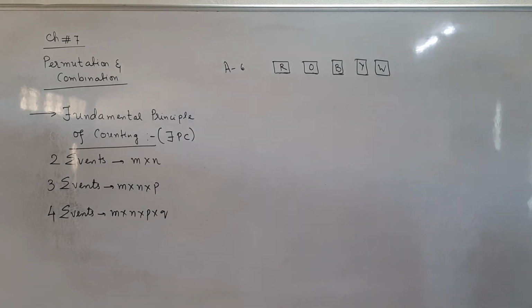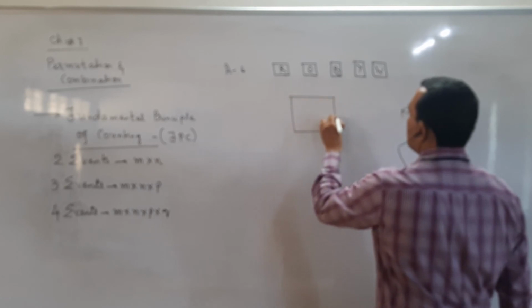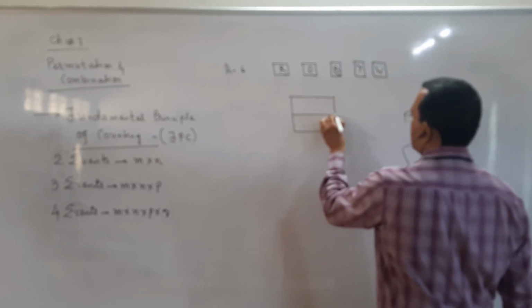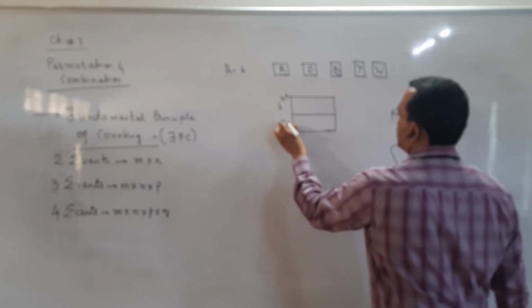Now, these flag signals are used in Olympics, where the flags of the participating countries are arranged as signals. So, in one signal, according to our condition, we have 2 flags. So, this is the first flag, and this is the second flag.